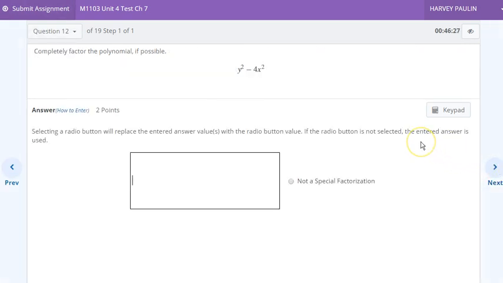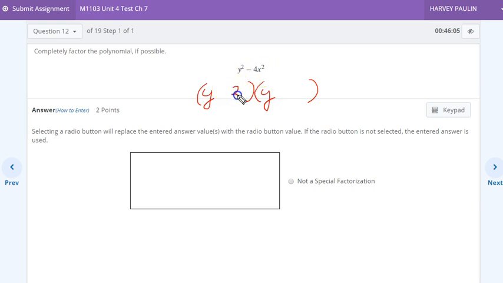Now, here, if you can recognize it, that makes it a lot easier. This is a special product. This is a perfect square. This is a perfect square. So it will factor into its conjugates. Square root of this is y and a y.